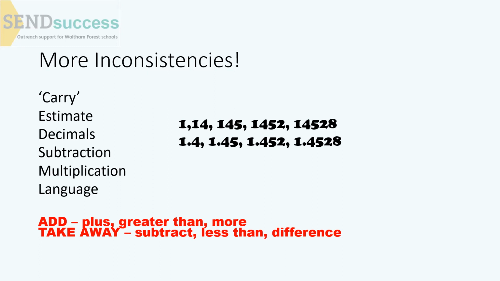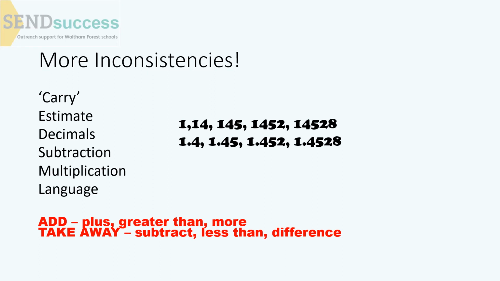And language. Often the teen numbers get confused with the decade. So 17 and 70, 16 and 60, for example. If you don't have a secure place value knowledge, mistakes can be made. And weight, when we're measuring, sounds like wait, to wait.